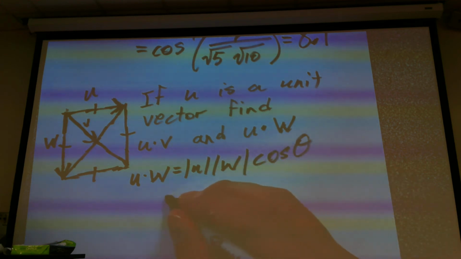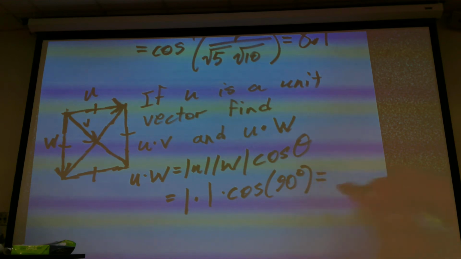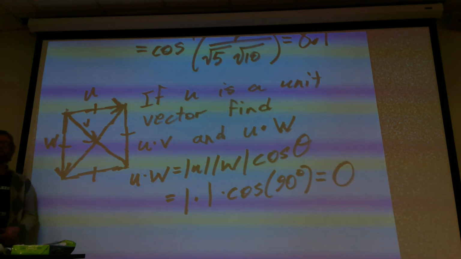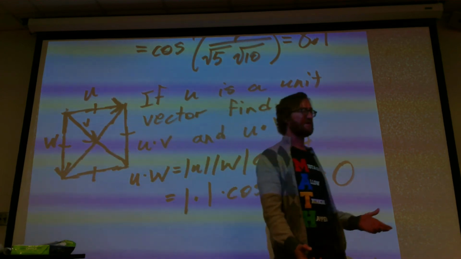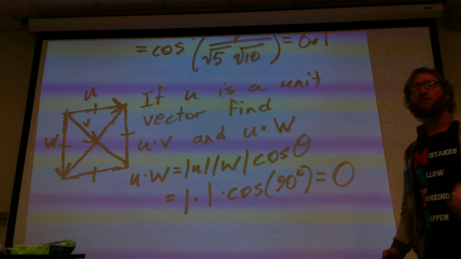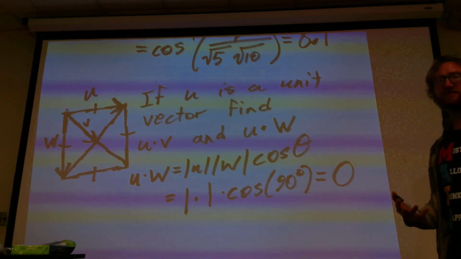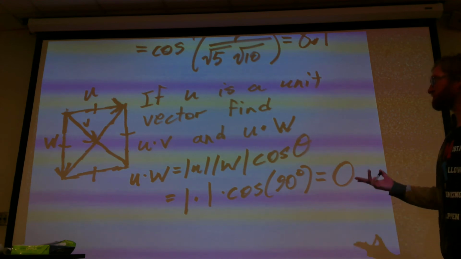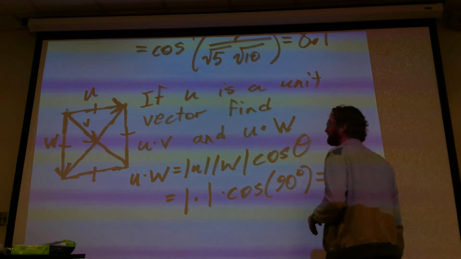The magnitude of U would be 1, the magnitude of W is 1, and this would be cosine of 90 degrees, and cosine of 90 degrees is 0. You could have looked at that picture and said they're perpendicular. Remember, when it comes to the dot product, if you have two perpendicular vectors, the dot product is going to equal 0. If you have two parallel vectors, the cross product is going to equal 0. So for this first one, they're perpendicular to each other. We would say, fine, whatever. It's going to equal 0.